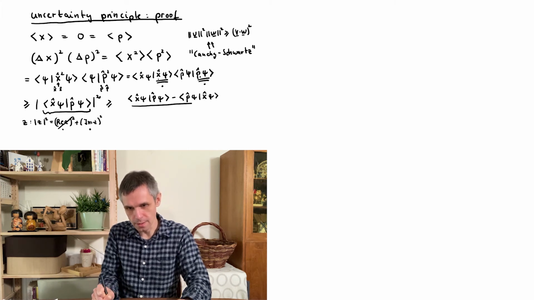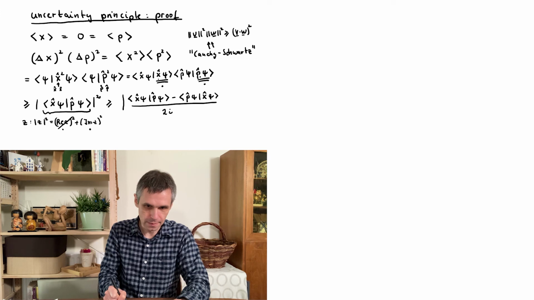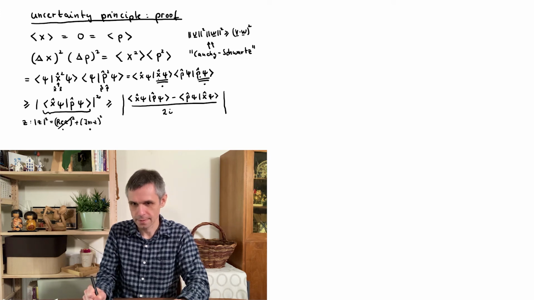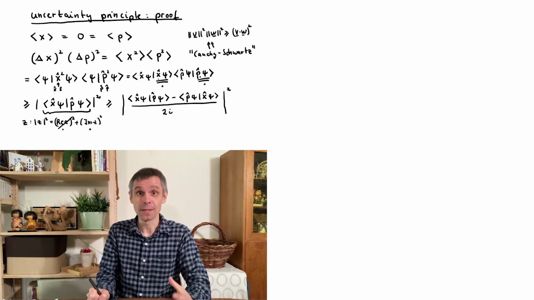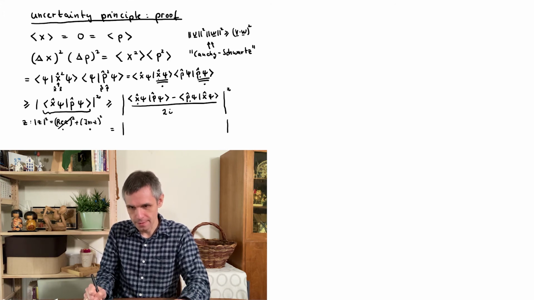And then, so this is the complex number minus its complex conjugate, we have to divide by 2i to get the imaginary part. And the square can then be just written like here. And now we are really very close, because next we are just going to use again that these are Hermitian operators. So we can move them again into the other position.